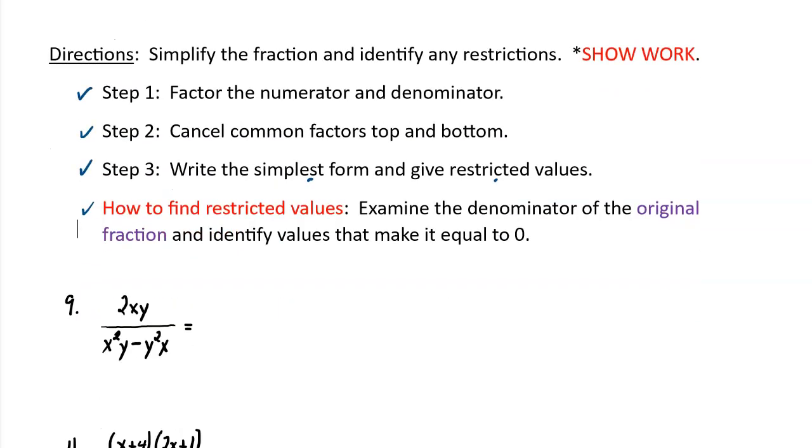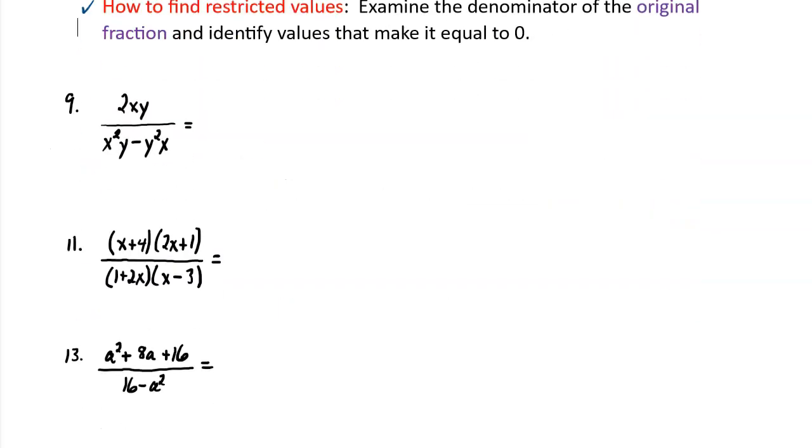Here's number 9. The fraction is 2xy divided by x squared y minus y squared x. Let's run through the three-step process. First, make sure top and bottom are in factored form. The numerator is the monomial 2xy. Because it's a monomial, it cannot be factored. The denominator is a binomial.